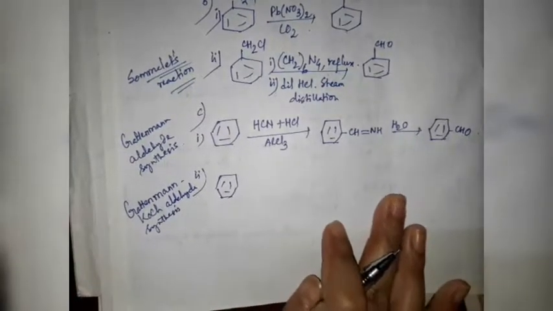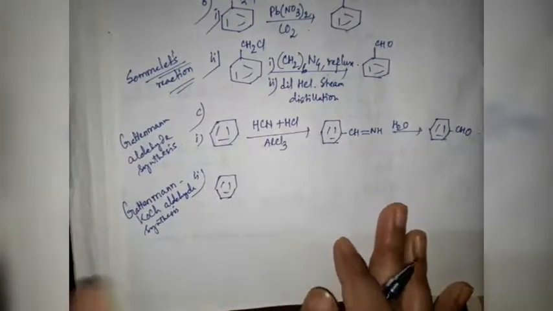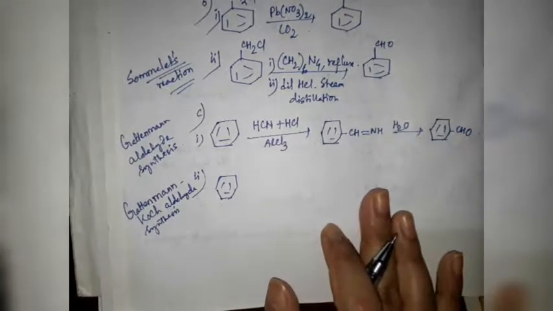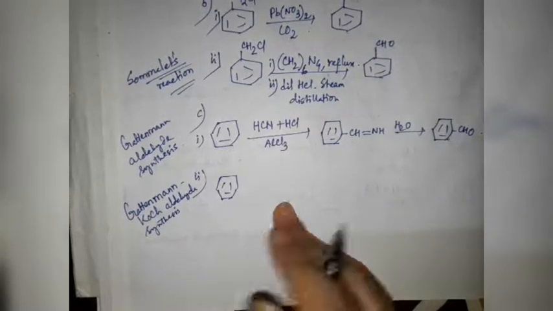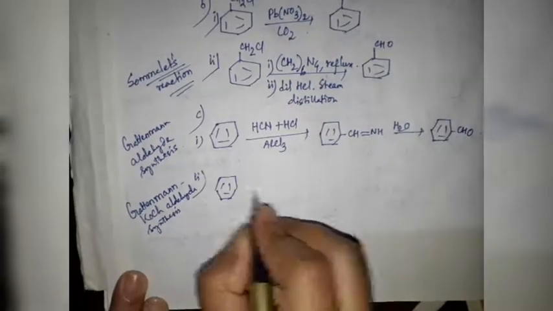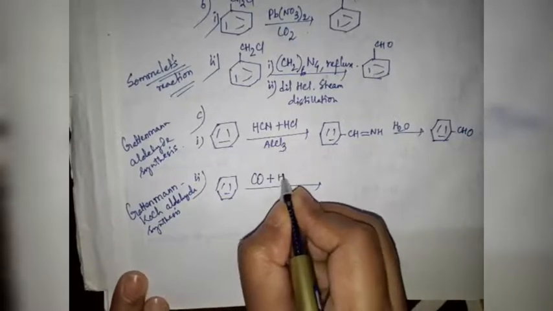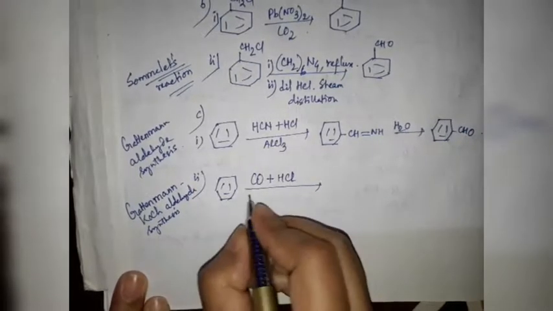Benzaldehyde is obtained when a mixture of carbon monoxide and hydrogen chloride is bubbled through a solution of benzene dissolved in either nitrobenzene or ether in presence of a catalyst comprised of aluminium chloride and a small amount of cuprous chloride.